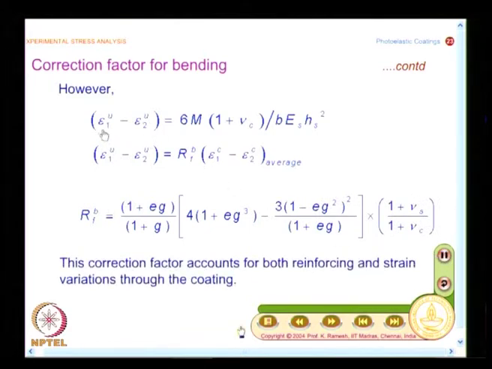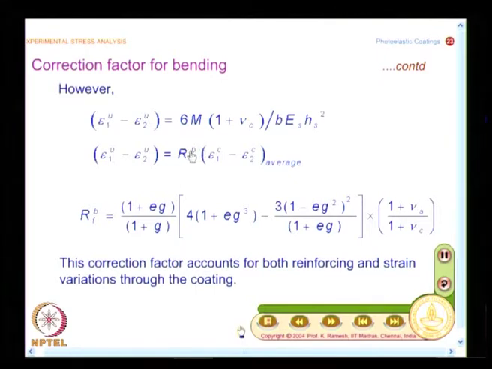Finally, I have uncoated strain difference is given as 6 m into 1 plus nu c divided by b into E s into h squared, and this is related to the average strain difference by a correction factor R f b.